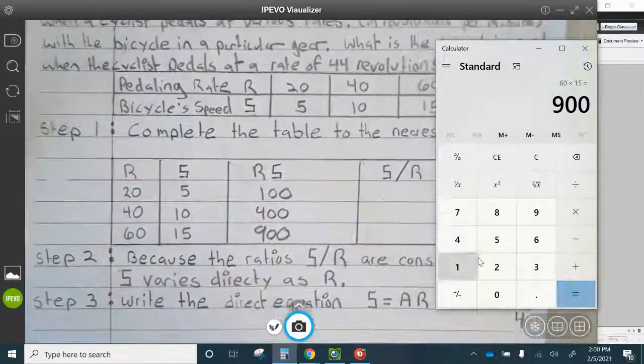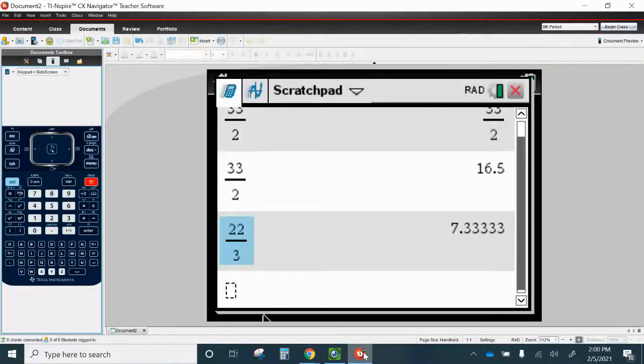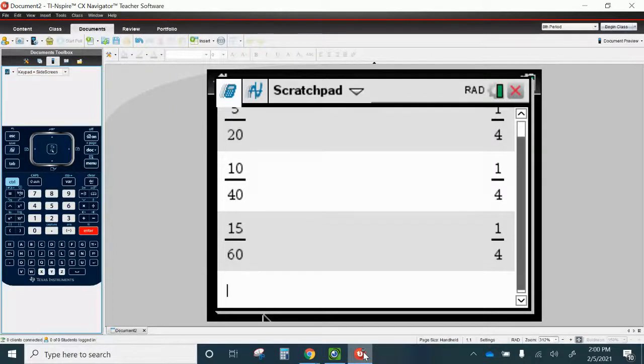Okay, now we probably want to use the Inspire to do S divided by R. So we have 5 divided by 20, which is 1 divided by 4. 10 divided by 40 is 1 divided by 4. And then 15 divided by 60 is 1 divided by 4.